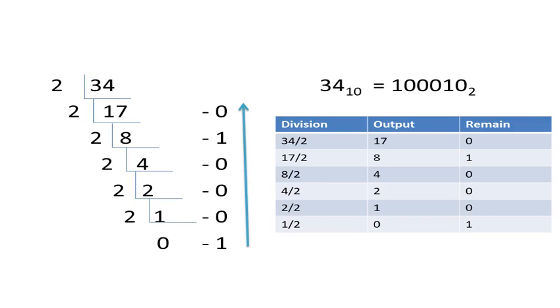We divide 2 by 2, the answer is 1, nothing remaining. We divide 1 by 2, the answer is 0, and the remainder is 1.